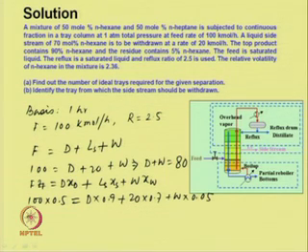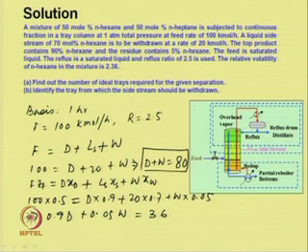From this we can calculate 0.9 D plus 0.05 W would be 36, and substituting D plus W is equal to 80 in this equation, we can calculate D is equal to 35.56 and W would be equal to 44.44.